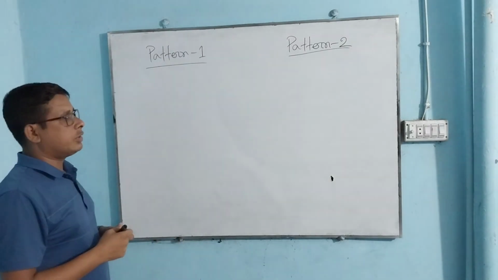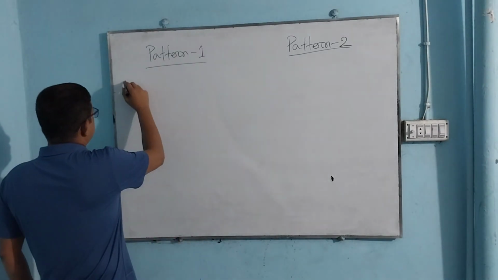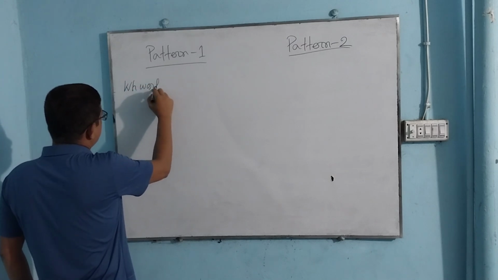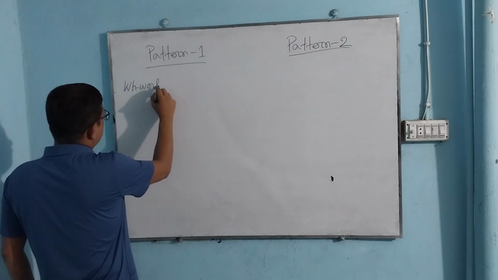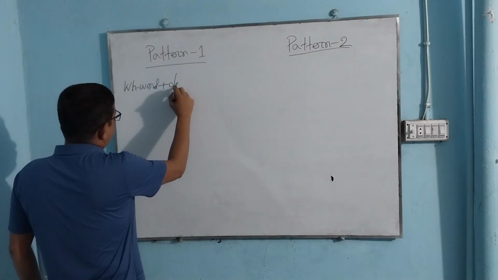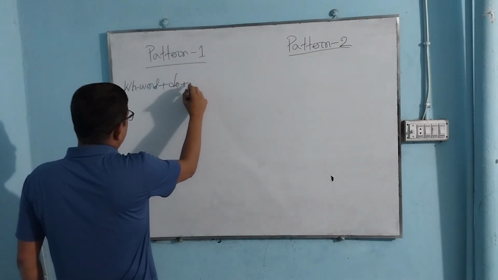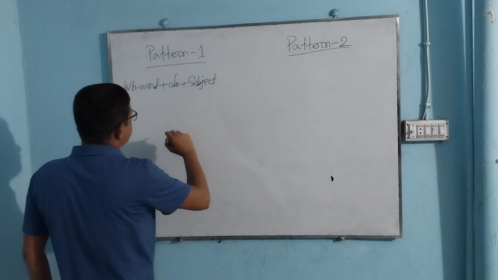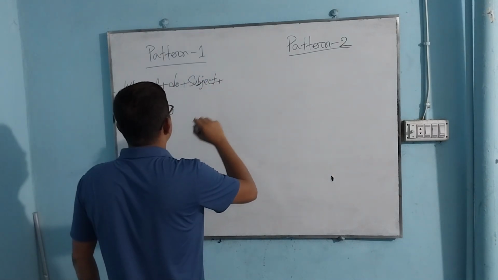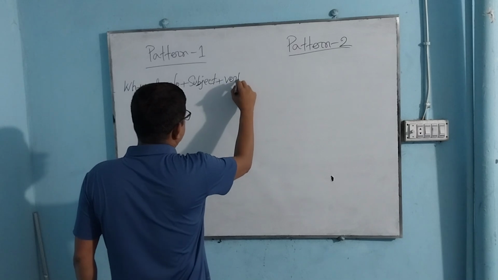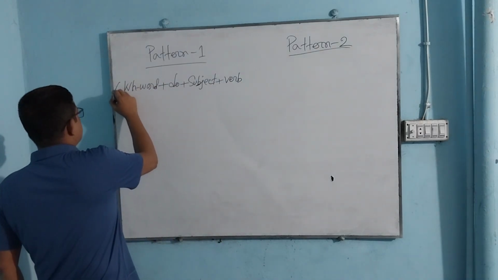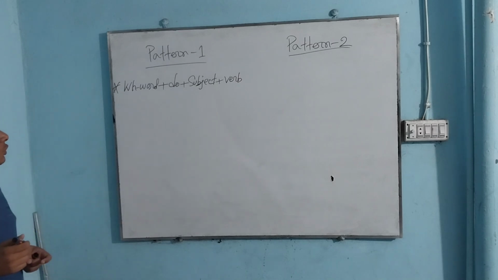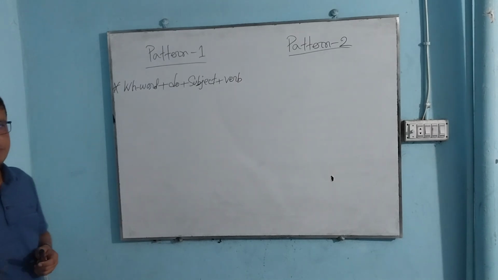The structure of pattern 1 is WH word plus do plus subject plus verb. Okay. These are the rules of pattern 1. WH word plus do plus subject plus verb.